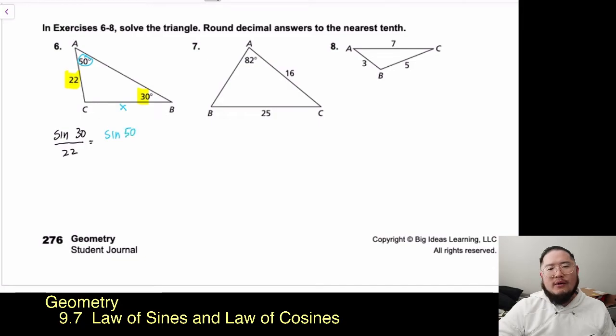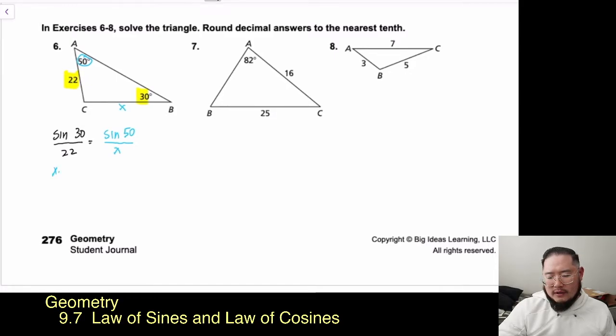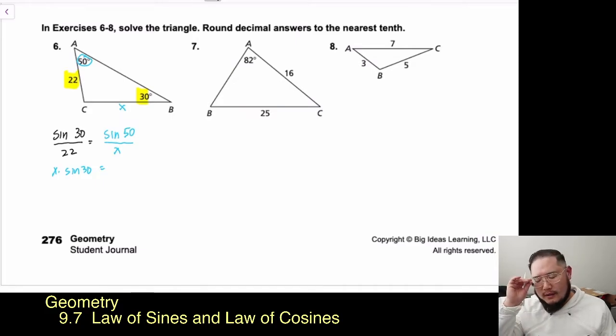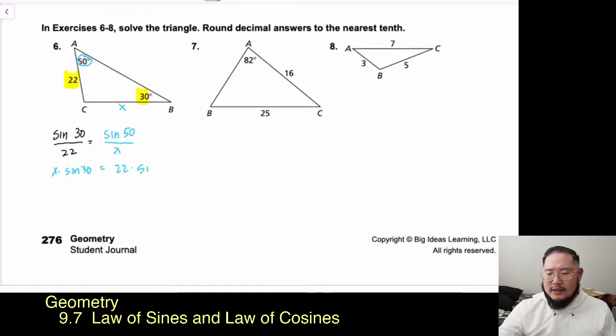All right, and now we're going to solve this out. So we cross multiply and then solve for X. So I got X times sine 30 is equal to sine 50 times 22. And actually, most likely, how you would want to put this in your calculator is 22 times sine of 50. And then we get X by itself.